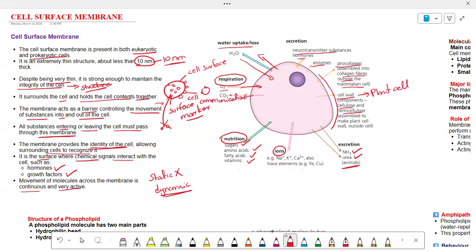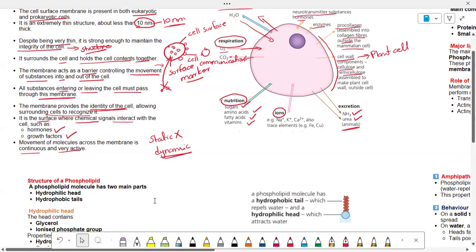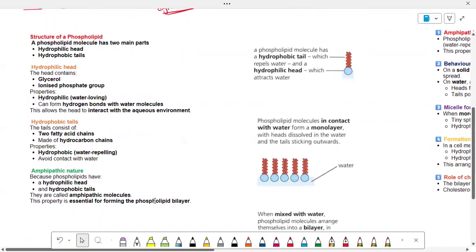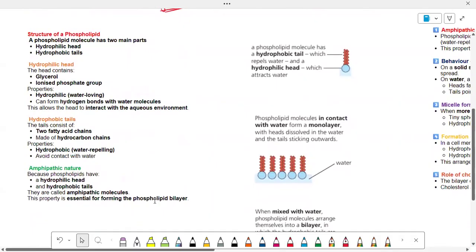Okay, so now moving to the structure of the cell surface membrane. How is this cell surface membrane formed? First, the structure of phospholipid. The cell surface membrane contains phospholipid molecules, and these phospholipid molecules have two main parts.